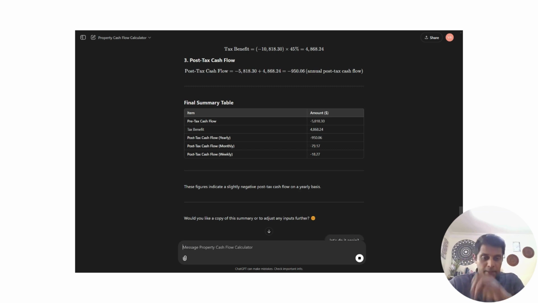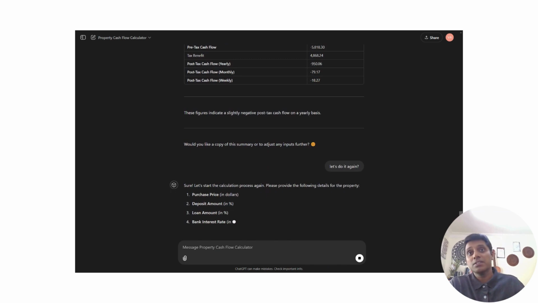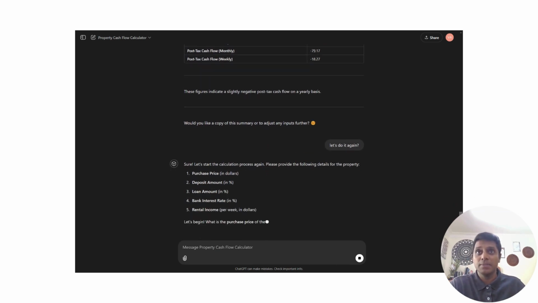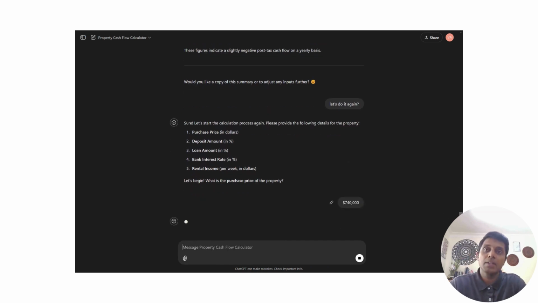So we can prompt the tool to start again. It's going to start by asking the purchase price. As I said, in this scenario, the purchase price is around $740,000.